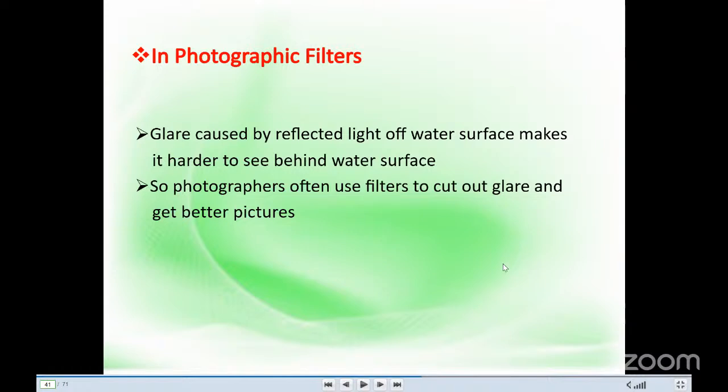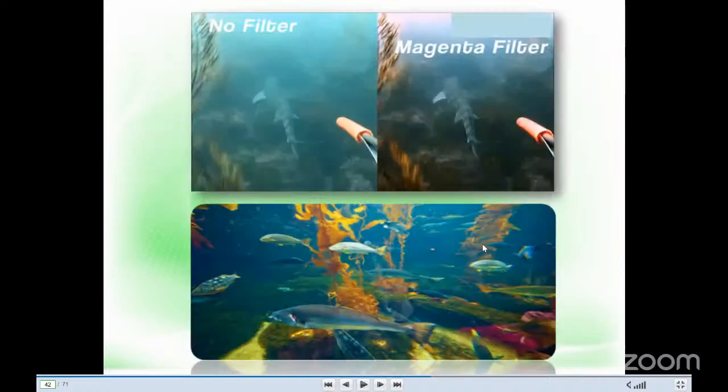So in photographic filters also, glare caused by reflected light off the water surface makes it harder to see behind water. So photographers often use filters to cut out glare and get better pictures. See here, when no filter is used, this is how the fish looks to the observer in the sea.